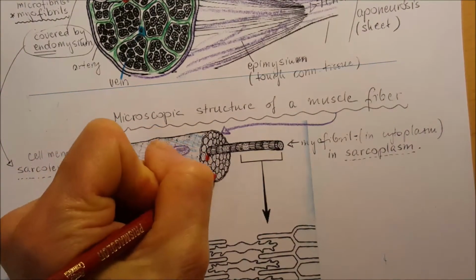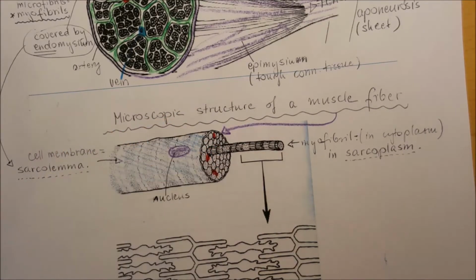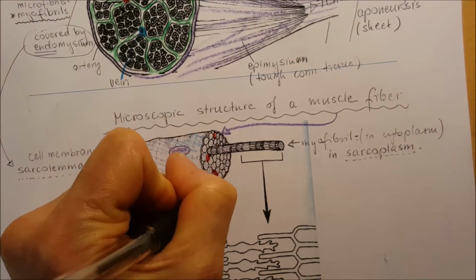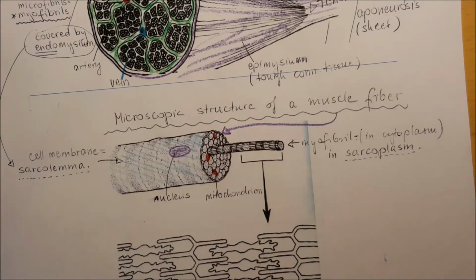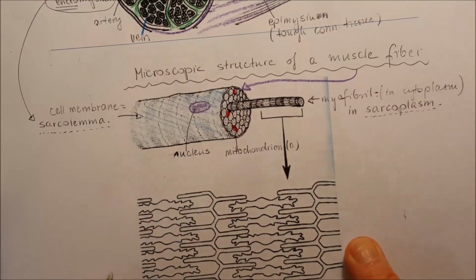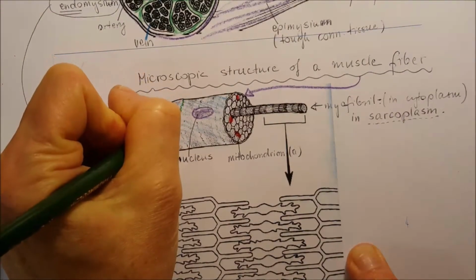Inside of the sarcoplasm, besides the myofibrils, we have mitochondria, as well as rough endoplasmic reticulum and ribosomes, but we are not dealing with that at this moment, and we are not going to deal with that later on in this anatomy class either.